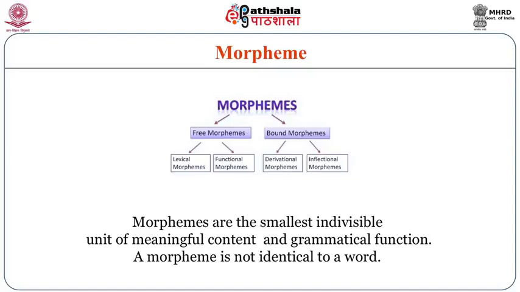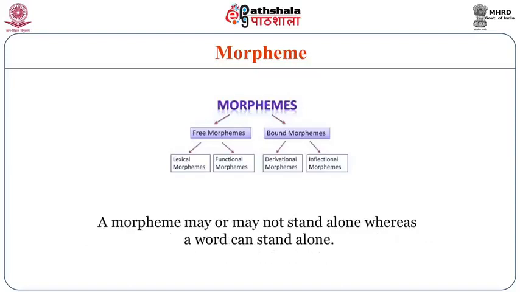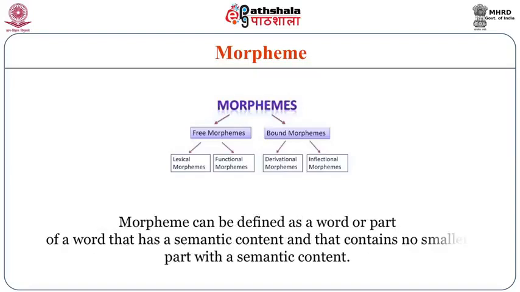A morpheme is not identical to a word, it is different. A morpheme may or may not stand alone, whereas a word can stand alone. A morpheme can be defined as a word or part of a word that has a semantic content and that contains no smaller part with a semantic content.